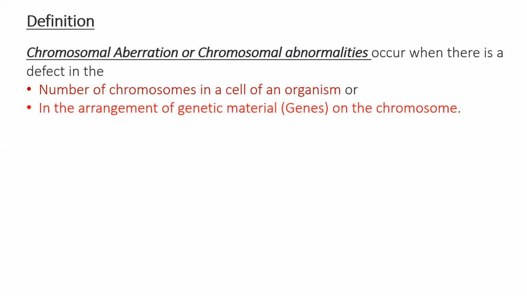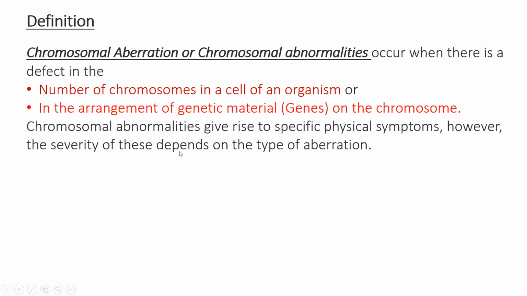So these abnormalities occur when there is a defect in these two parts, that is, the number of chromosomes in a cell is altered or the arrangement of genes on the chromosome is altered.